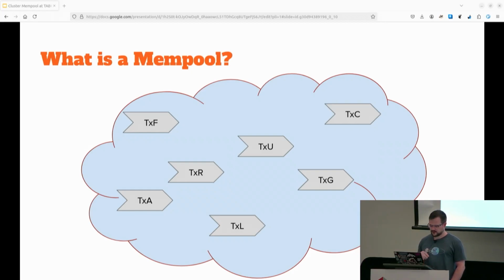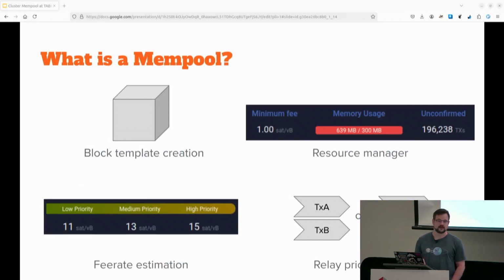So we use this to build block templates, to inform ourselves of the fee rates we should be using when building transactions, and to manage our resources if the mempool overflows and we are, for example, running on a device that has limited memory. We can't keep everything that we ever learn about because sometimes there's just more transactions than fit into our memory. So we'll have to know which ones we want to keep.